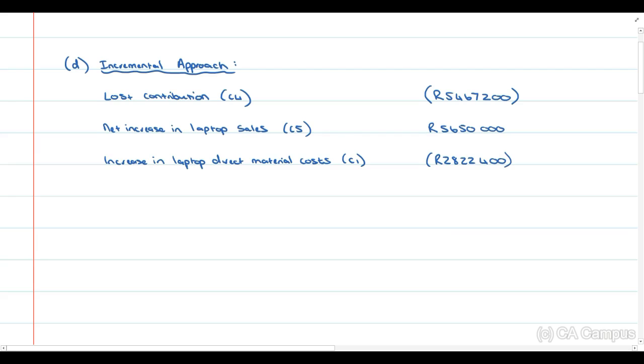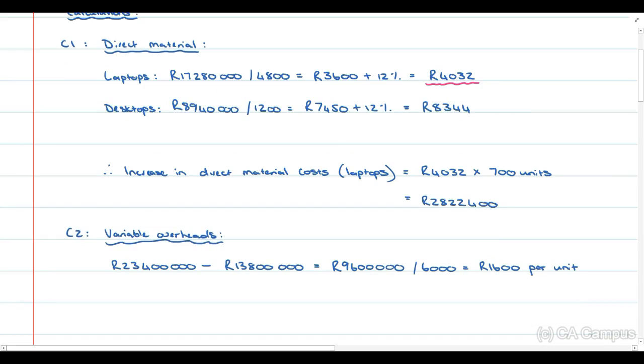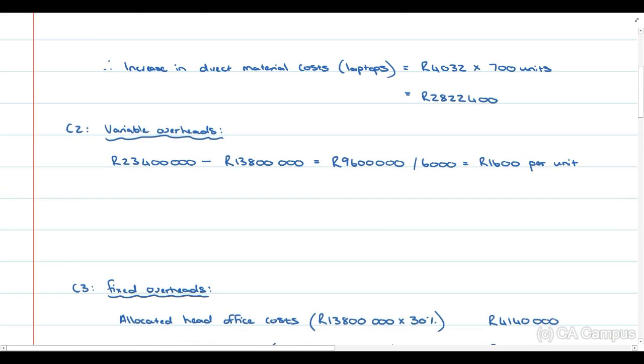And exactly the same logic applies to the variable overheads. The variable overhead cost per unit is 1,600 Rand. So if they're going to be producing an additional 700 laptop computers, then obviously the variable overheads associated to laptop computers will increase.